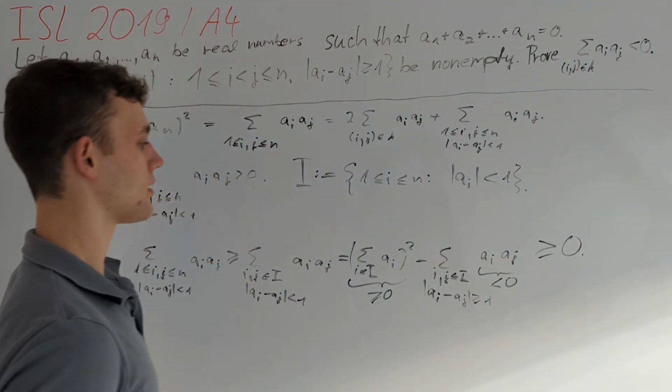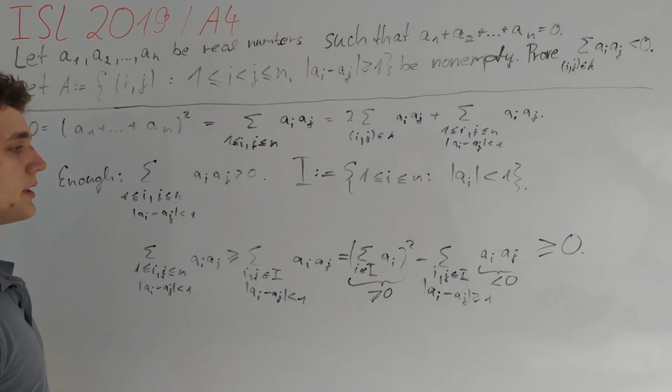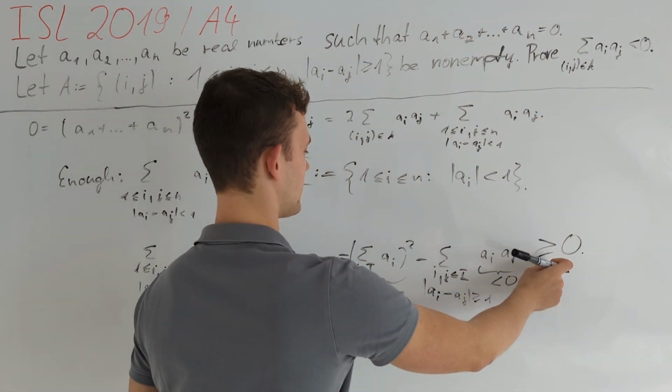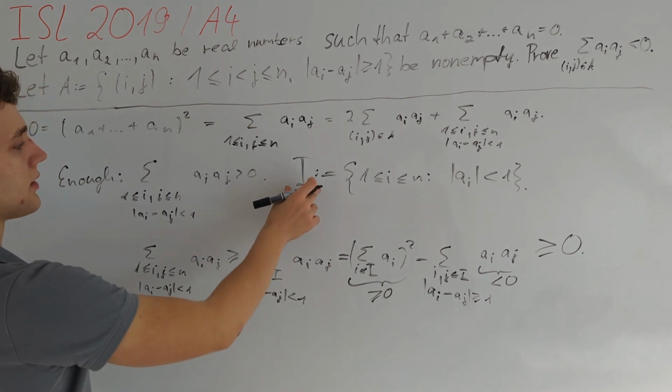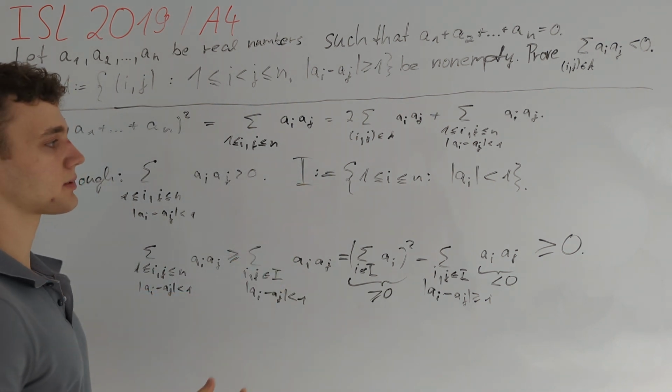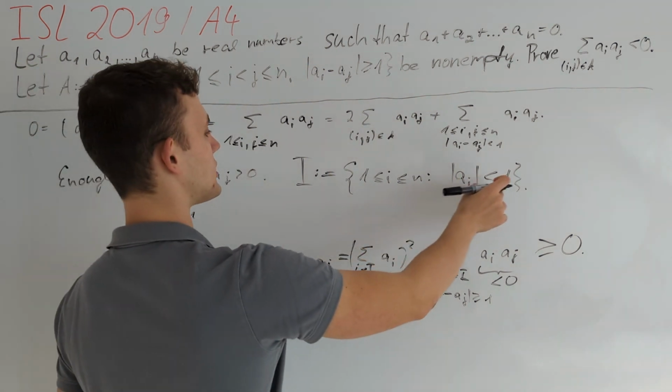Lastly, we rule out the equality case. For equality to happen, we must have equality here and at this point. Our definition of this set I was a slick way of saying that the absolute values of those ai shall be less than 1.